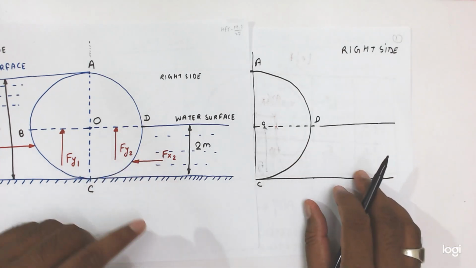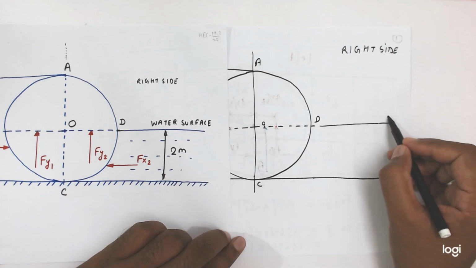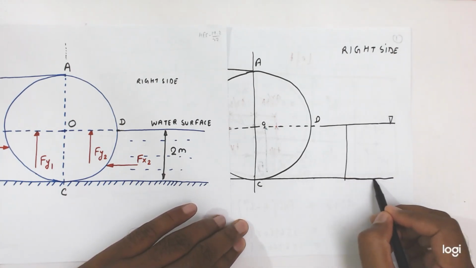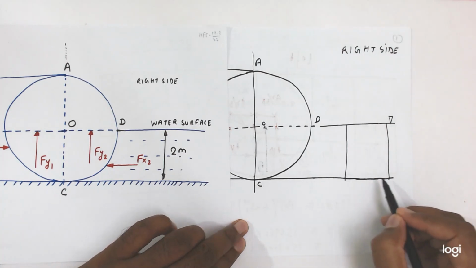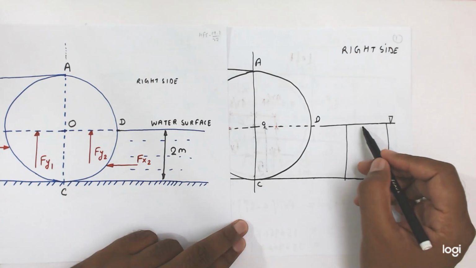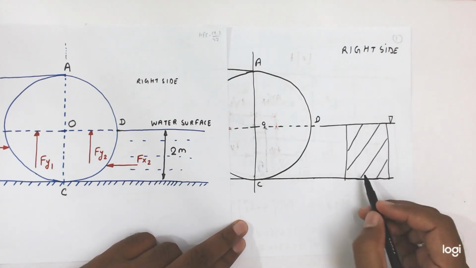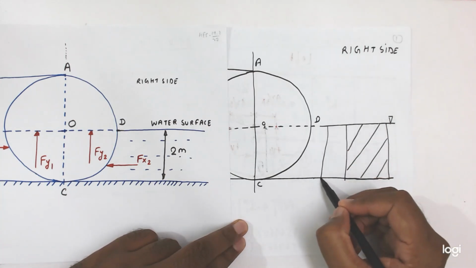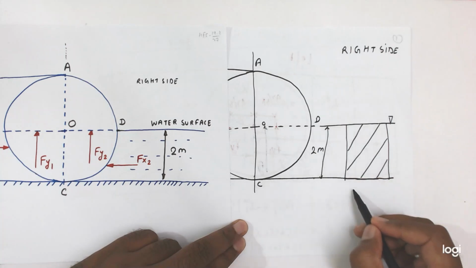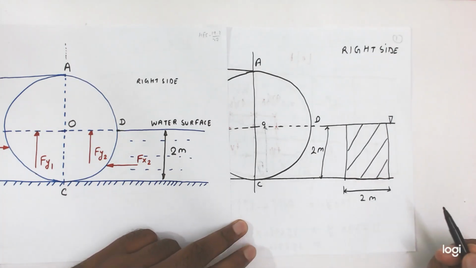Now what is the projected area? What is the projected area of this part? So projected area is equal to what? This is the vertical projected area of only this part. So here you can say this is the projected area on vertical wall. So its height is equal to 2 meter and its length is equal to 2 meter.